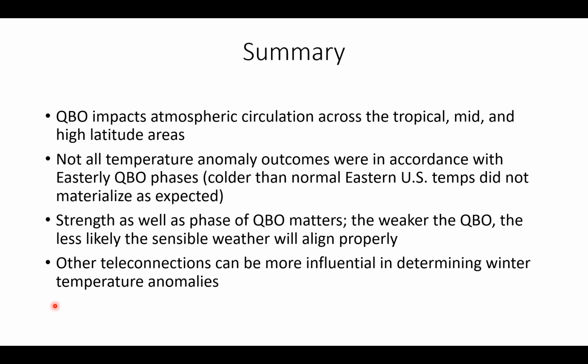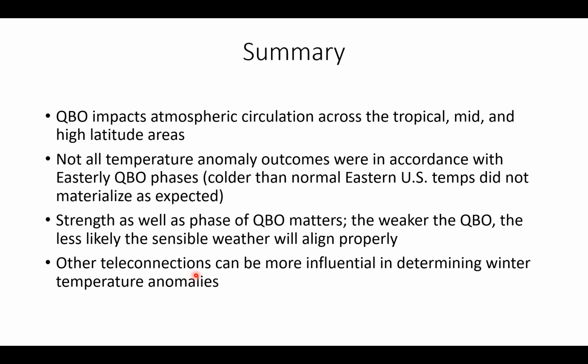Now the strength as well as the phase, strength is also an important consideration when we're talking QBO. Generally, the weaker the QBO, the less likely the sensible weather will align properly, as we'd expect. And other teleconnections or climate drivers can actually be more influential in a particular winter season in determining those winter temperature anomalies, as well as those precip anomalies, really.